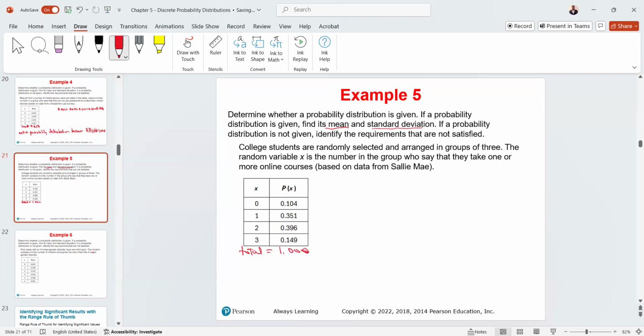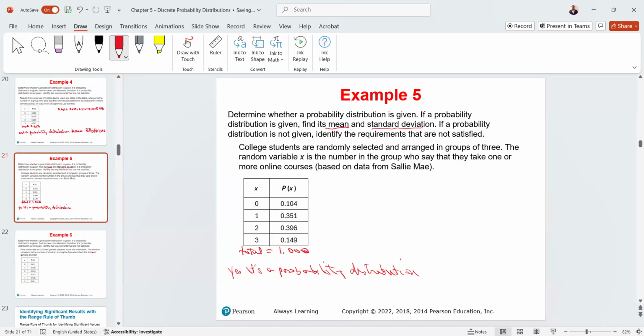So all conditions are met, yes. It's a probability distribution. Now, if it's a probability distribution, you must find the mean.